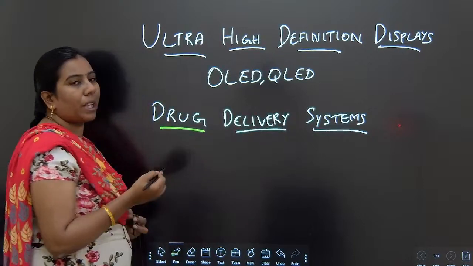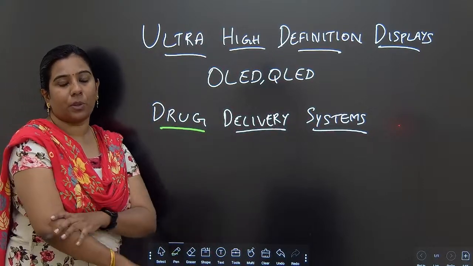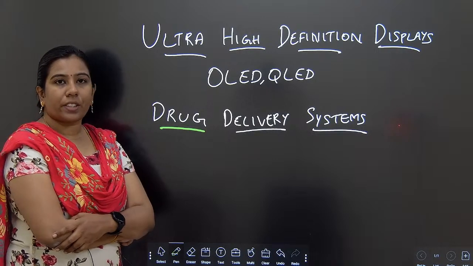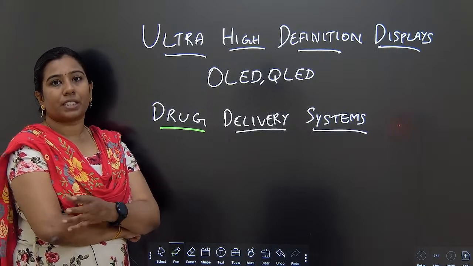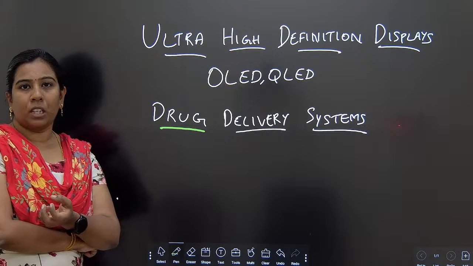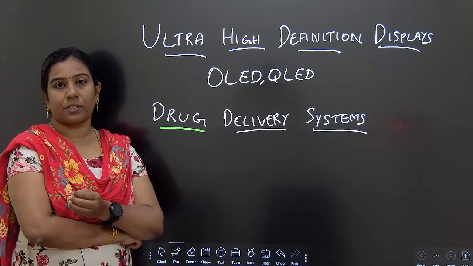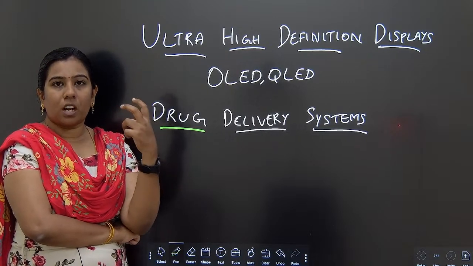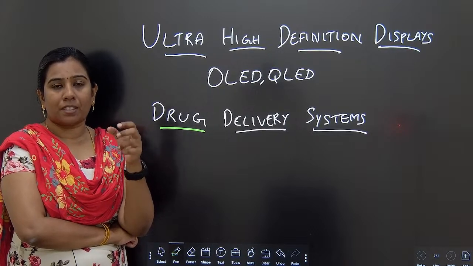So these nanoparticles are also used in drug delivery systems. So where do drug delivery systems come in? For example, if people are treated for tumors and cancers, right? So how will they remove the tumor or cancer cell?